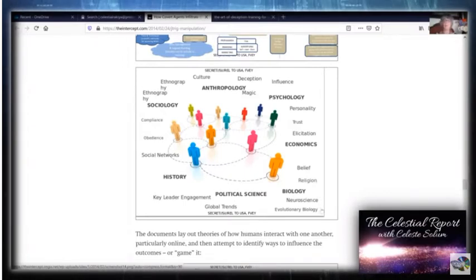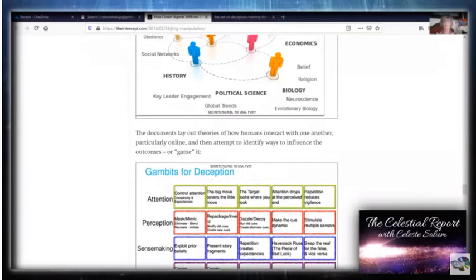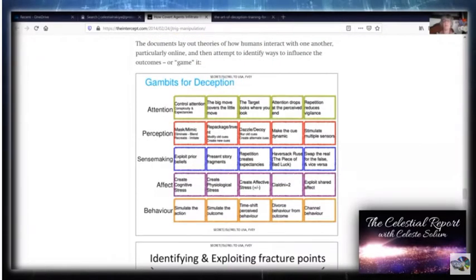And evolutionary biology, which is the phylocode, political science, history, social networks, obedience, compliance, sociology. And they're basically going to game it. And so this is how they're going to game it for deception. And they're going to grab and control your attention.